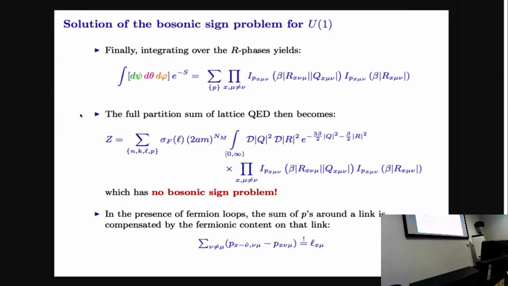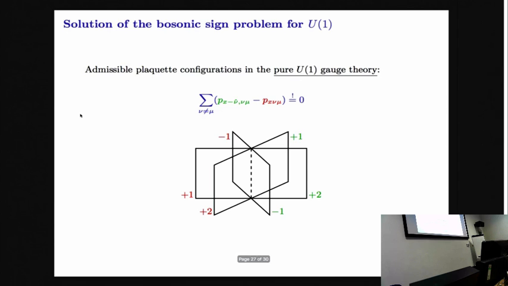After introducing these fermion loops, you get a modified constraint, which says that the sum of occupation numbers on a bouquet around the link should actually coincide with the fermion content on that link.